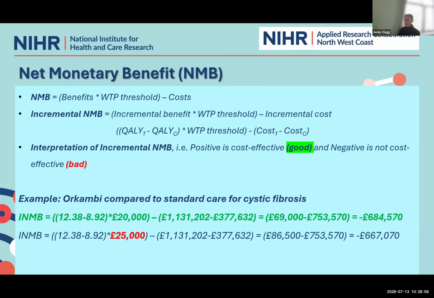So in theory, your decision would be not to provide guidance to use that as a drug. Obviously, you then take into consideration the fact that it's cystic fibrosis and there aren't many treatments available, and therefore the actual finding was that it should be used in certain circumstances as part of research to try and understand more about how they can reduce the cost or increase the benefit associated with it.